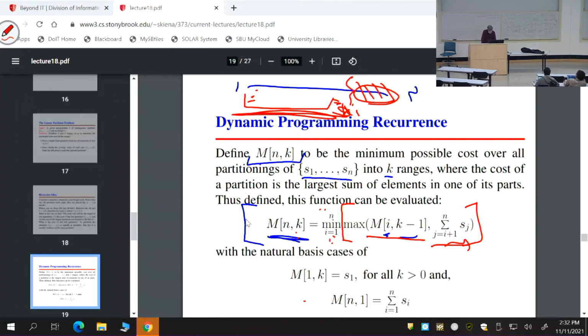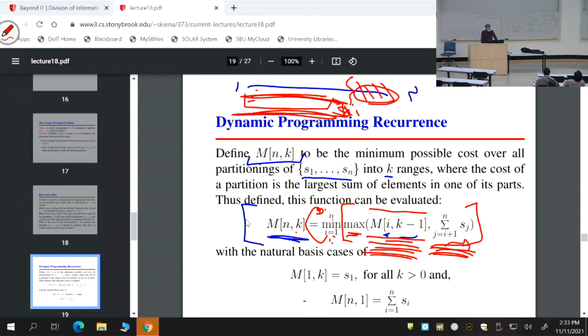I'm going to want to know the cost of the best possible way to deal with k minus 1 partitions, because I've already used my kth one at position i, to divide the numbers 1 through i. This is going to tell me the biggest piece in the best possible partition up to that point. The other is going to tell me the thing that's to the right of it. The bigger of these two is what the cost should be. And I want to choose my partition place to minimize that.